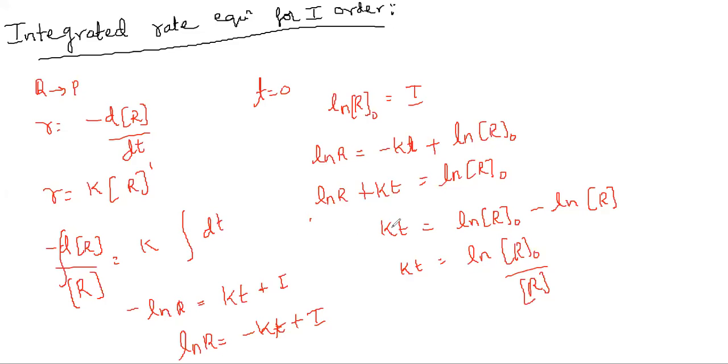Okay, so kt is equal to ln r naught by r.